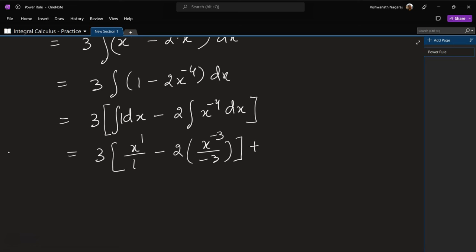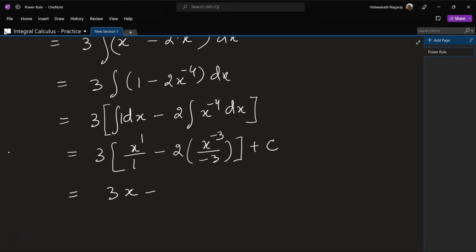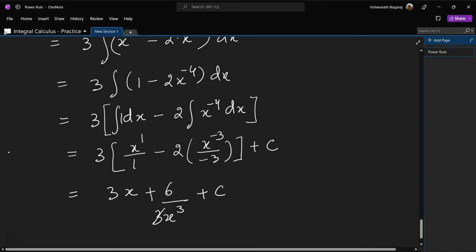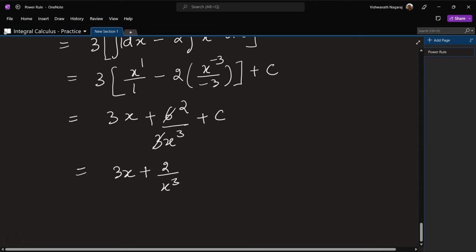And we write plus c. So what do we get? We get 3x minus 3 times 2, 6, minus and minus cancel out, plus x cube, we can take it down, and we have 3 plus c. So 3 2's. So we end up with 3x plus 2 by x cube plus c.